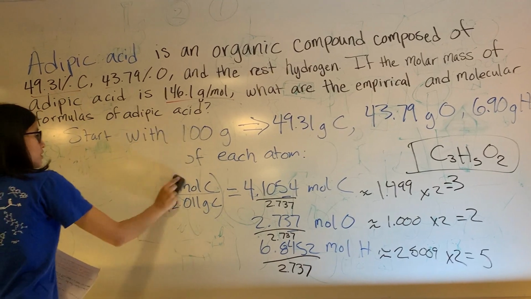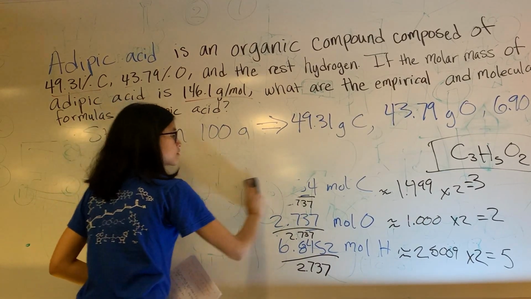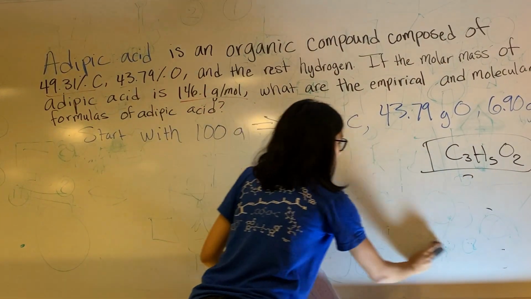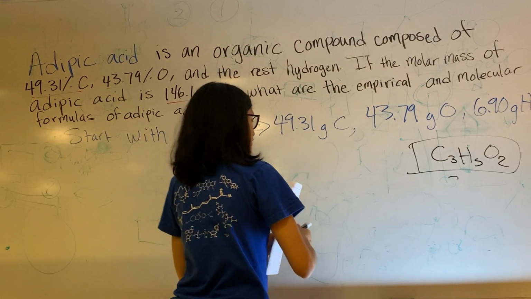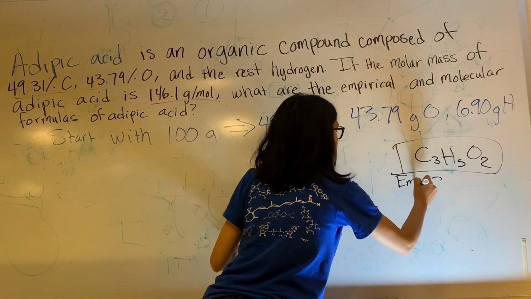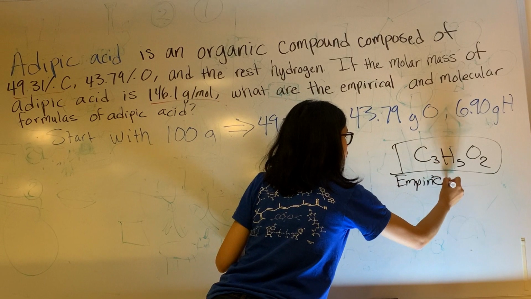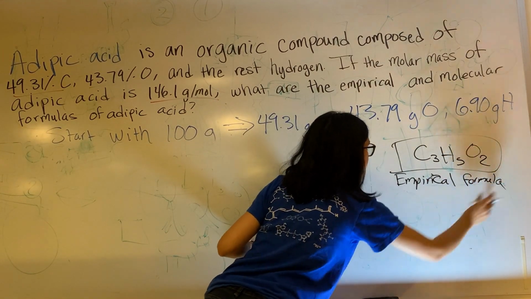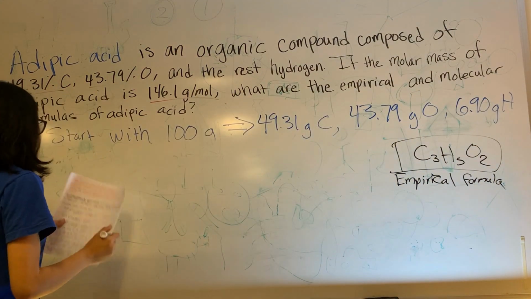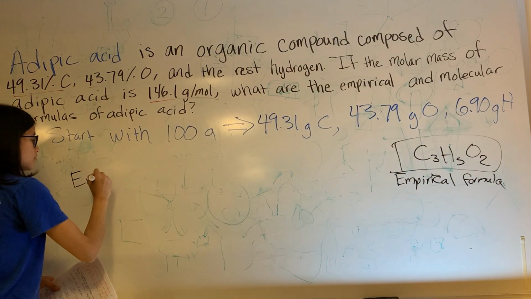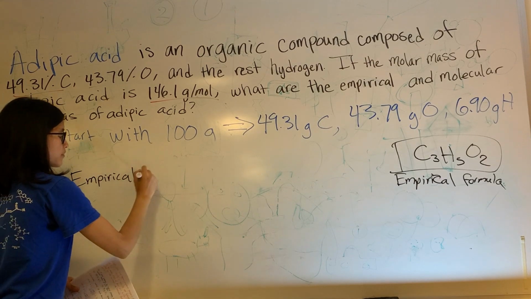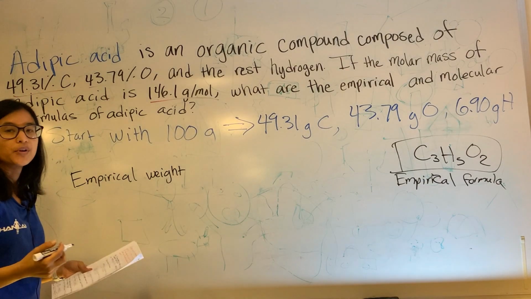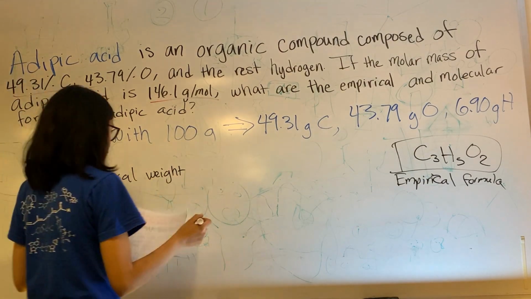So let me get rid of all this. All right, and you just do this by simply comparing what your empirical formula weight is to the actual molar weight. So if you get the empirical formula weight, you do this by just going to your periodic table and seeing what the molar mass of each element is and multiplying it out.